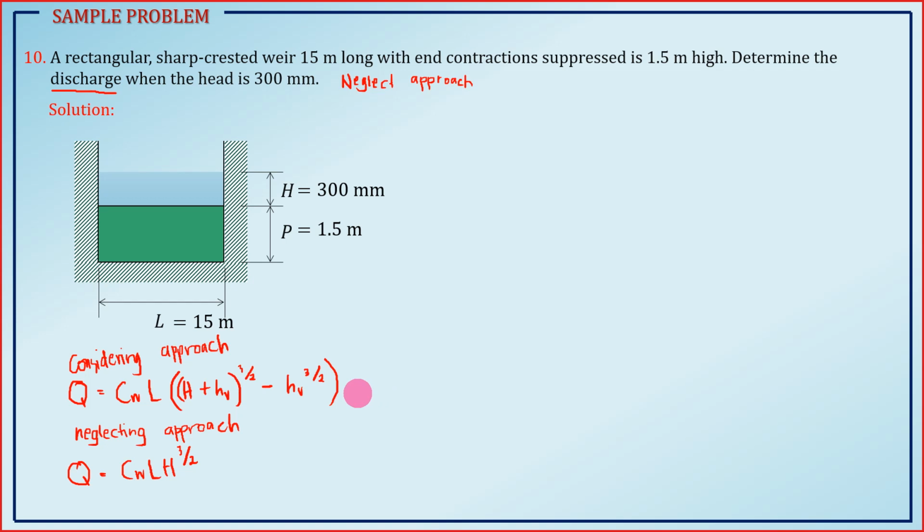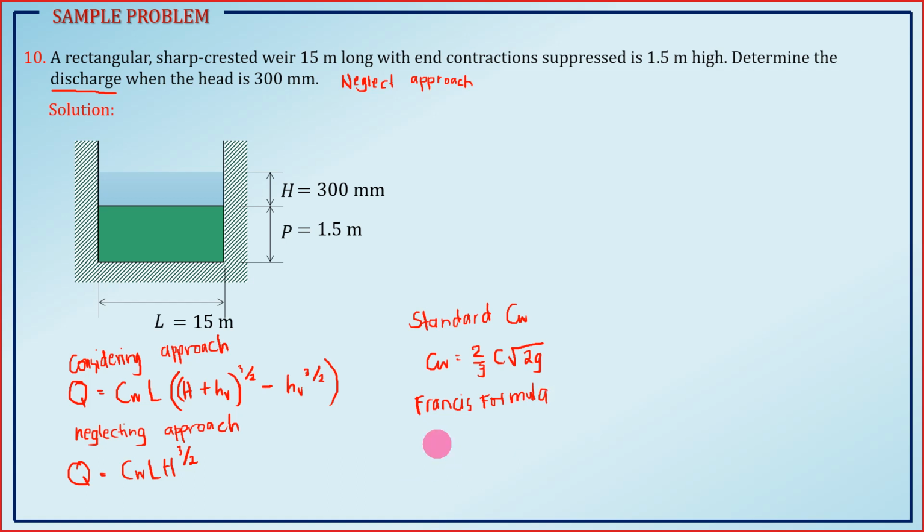Then, for the value of CW, we have a lot of equation for CW. Di ba? We have there for the standard na weir factor, that is CW is equal to 2/3 ng C square root ng 2G. And we have Francis formula. Tapos yung Rehbock and Chow.